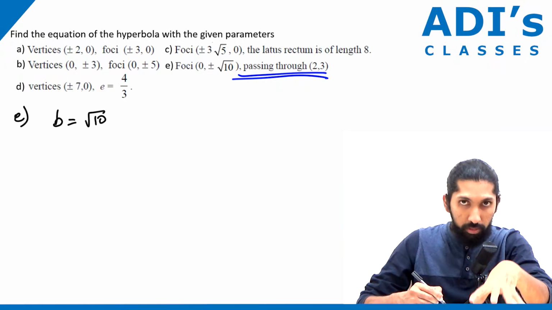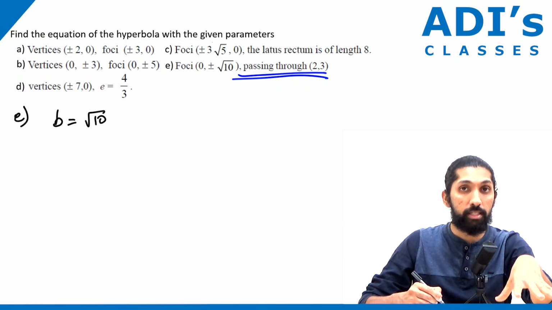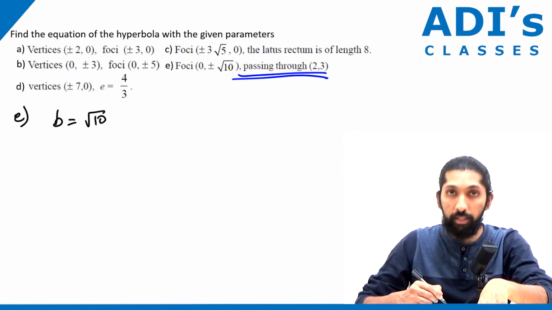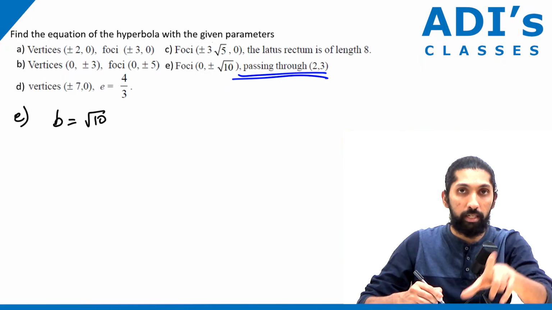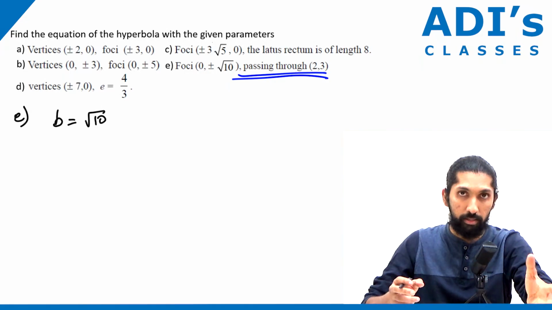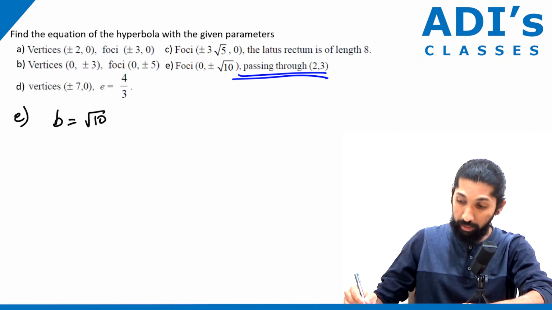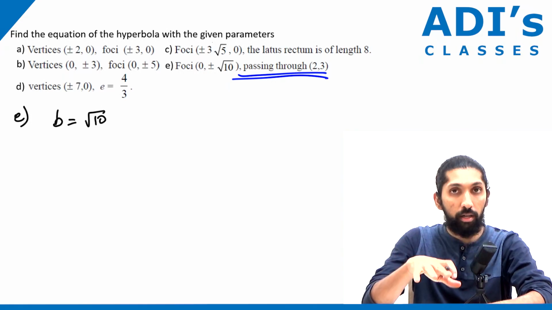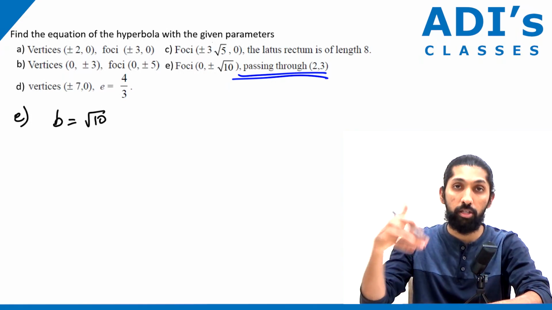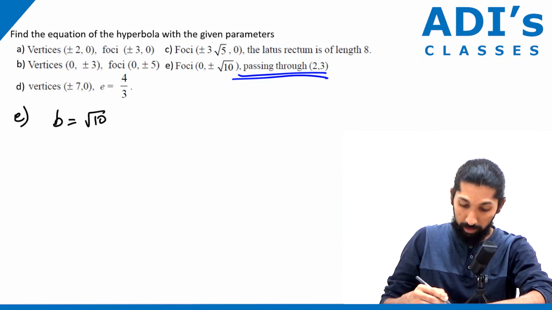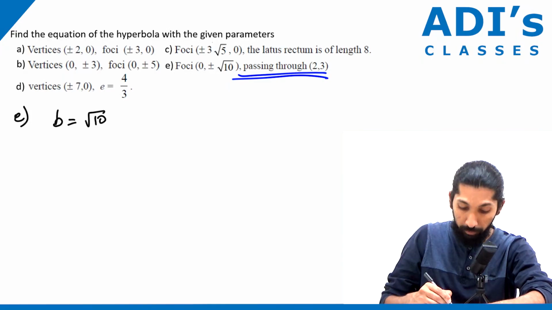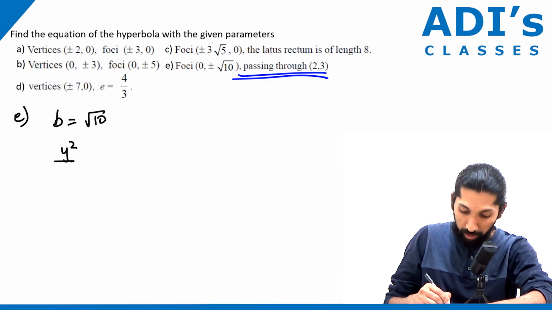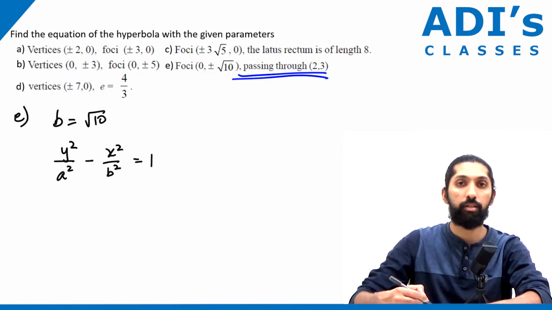That means if you substitute x as 2 and y as 3 in the given equation, then it should satisfy the equation. Make sense? So in this particular case, since the foci are 0 comma plus or minus root 10, it's a conjugate hyperbola. In the sense, the equation is of the form y square by a square minus x square by b square is equal to 1.